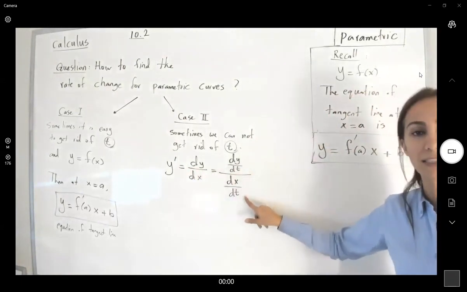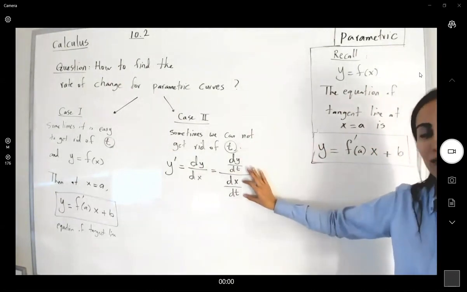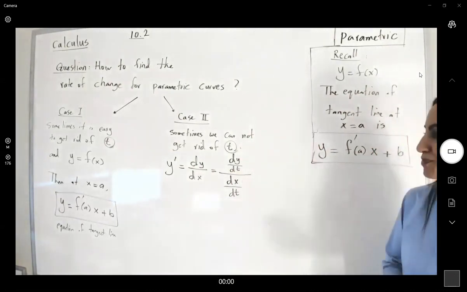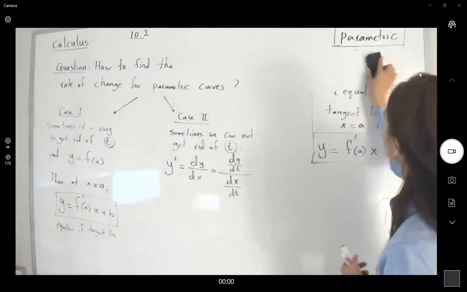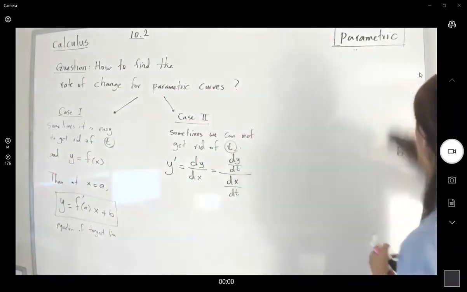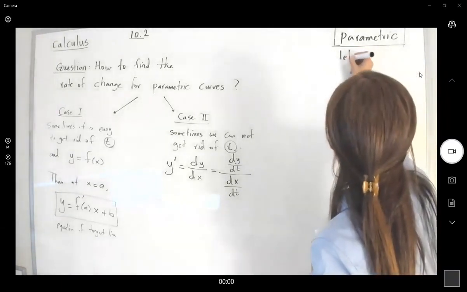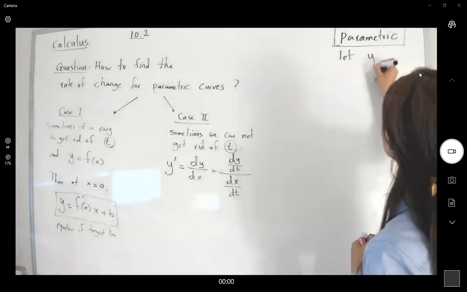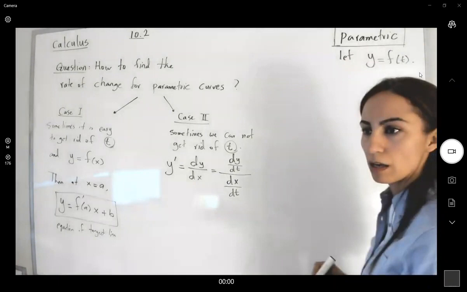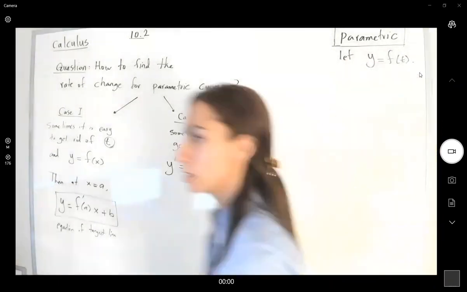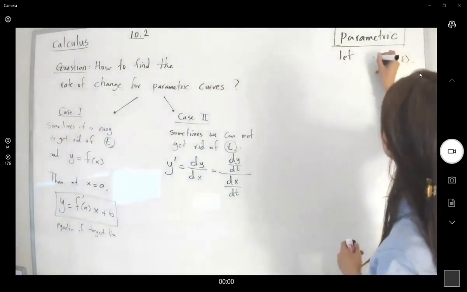So what we presented here is the derivative of a parametric equation, y prime, which is dy dt divided by dx dt. We take the derivative of y with respect to t, we take the derivative of x with respect to t, and we divide these two. Let me write down the formula here for you. Let x be f of t and y be g of t.